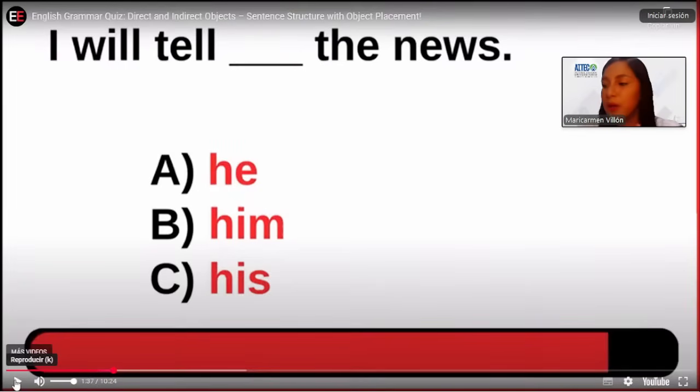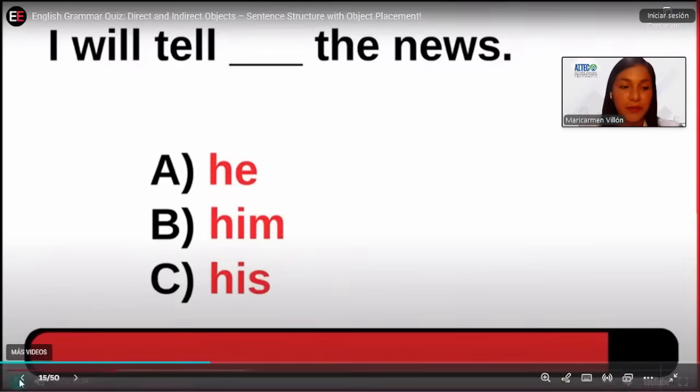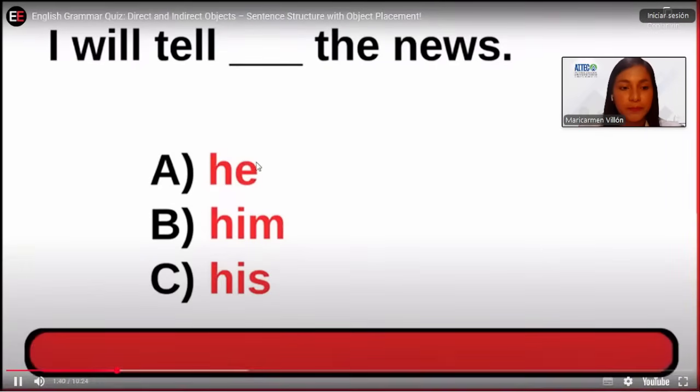I, subject, we got will, tell, that's the action. The news, that will be the direct object, the thing. What will be the indirect or the object pronoun? Excellent. Yes, we need to choose object pronouns right here. Okay, let's take a look at the next one.